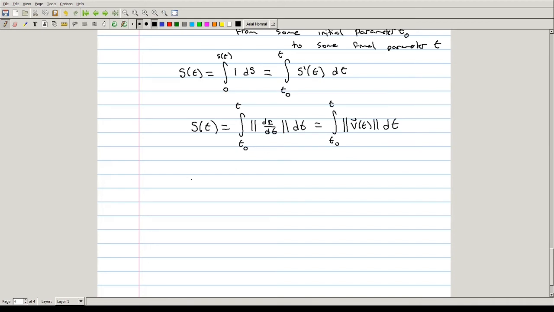Or in long form, if we actually plug in this magnitude, the formula that we have for the arc length is the integral from t naught to t of the square root of x prime squared plus y prime squared plus z prime squared dt.